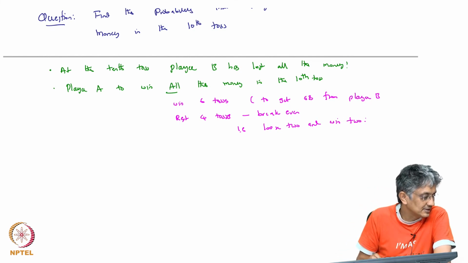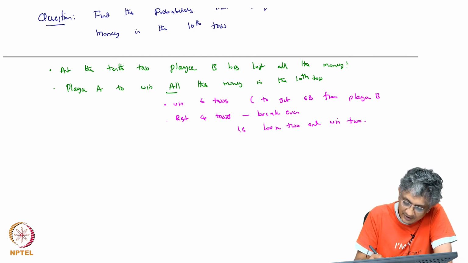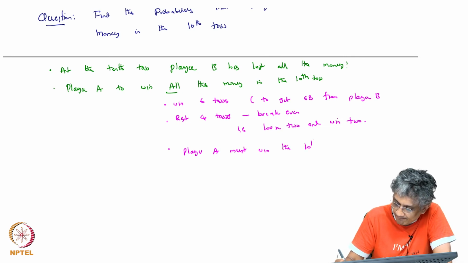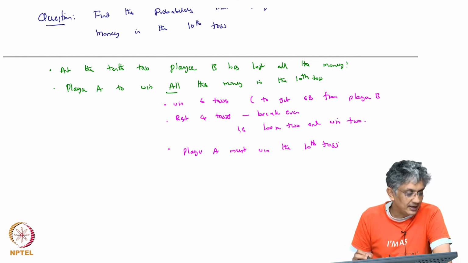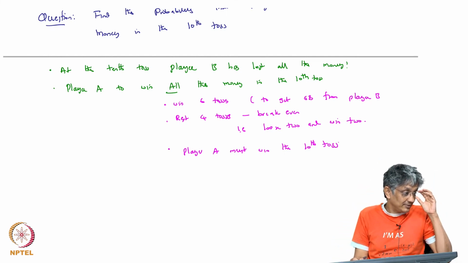So that means what happens? Also, player A must win the 10th toss. If you lose the 10th toss, then that means he won't win all the money in the 10th toss. That's very cool.